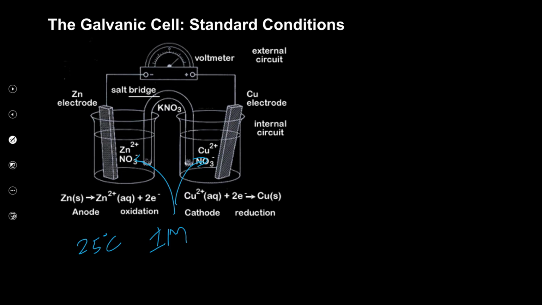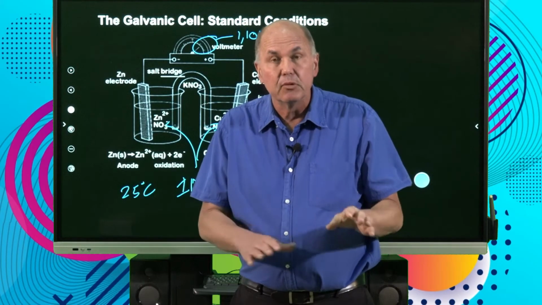And if that standard condition were met, then we know that that voltmeter will always read the same. And in this case, it happens to be 1.10 volts. And that's always going to be the same if you've got copper and zinc. So we must be very clear about why it's important so that we can compare things equally.